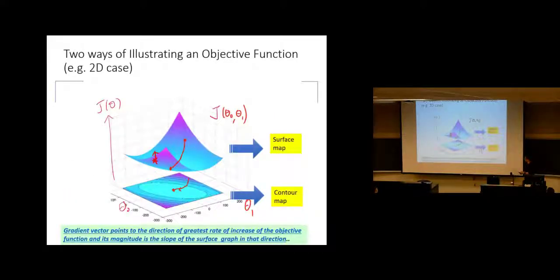So in this figure, gradient really tells you how to move in this contour map. Starting from this x, the gradient direction points to where, if your x moves in that direction, the function will increase. Question here? This is fundamentally important. If you understand this, then gradient descent is very easy to implement.